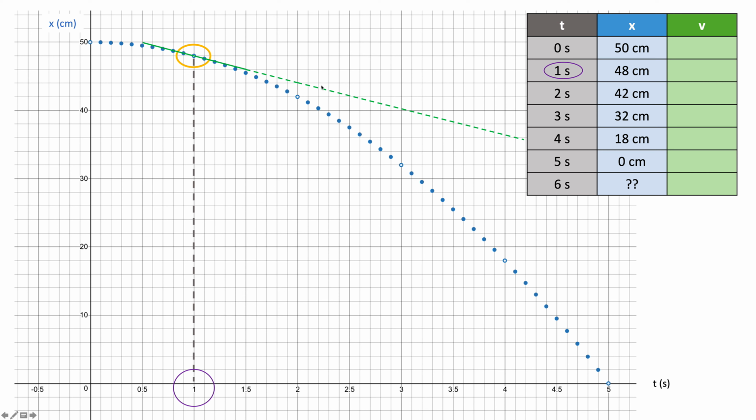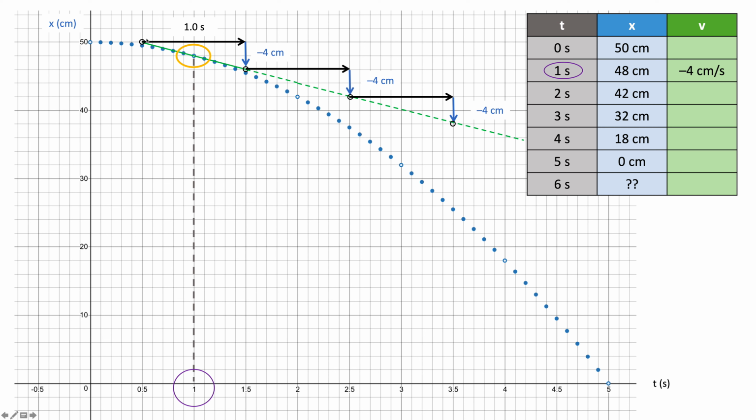And so that straight line path is like the hypothetical position versus time graph that it would have followed if right at the moment 1 second it had stopped speeding up. So what we do is, instead of finding the speed that it actually was traveling at, because it's changing, we find the speed of this hypothetical line.